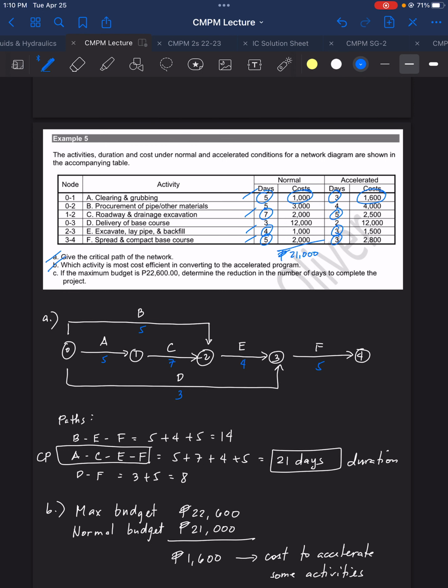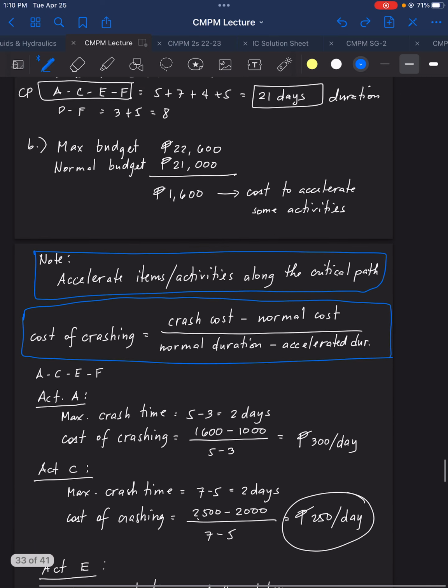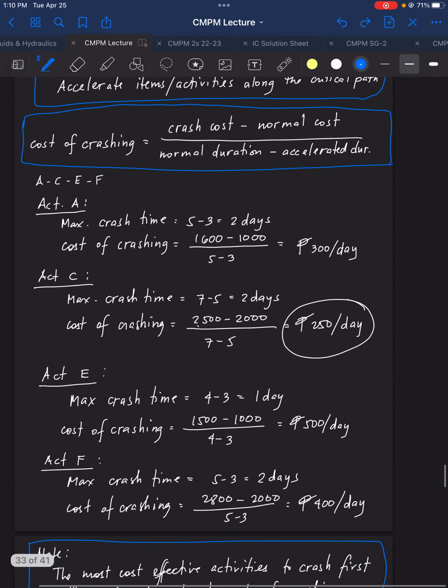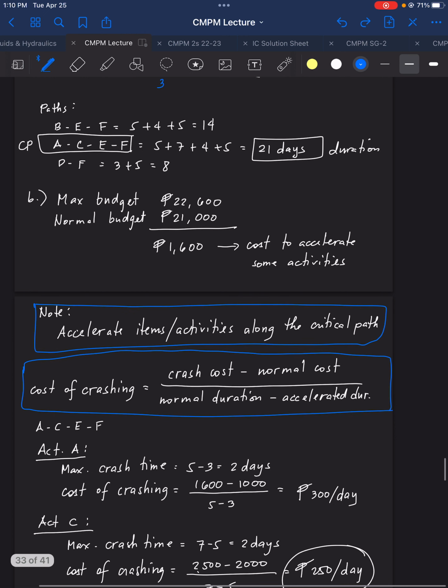How about C? Given the maximum budget 22,600, determine the reduction in the number of days to complete the project. So it requires us to use the maximum budget. Using the maximum budget leaves us with 1,600 pesos as cost to accelerate some activities.